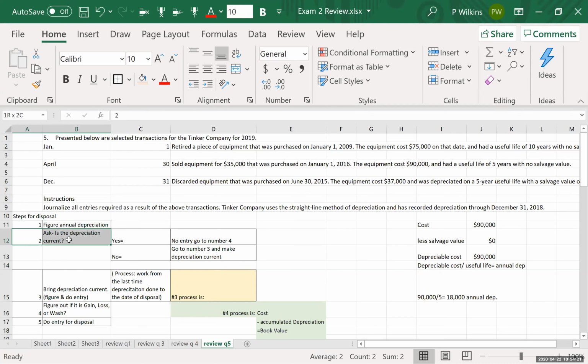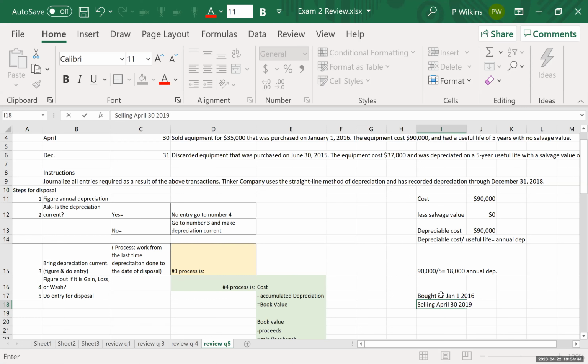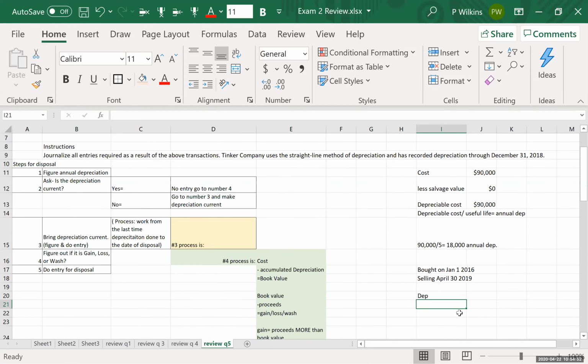Now we're going to go to step 2. We're going to ask if the depreciation is current. So we have to go through that process, right? We bought the equipment on January 1, 2016. We're selling the equipment on April 30th, 2019, right? So when has depreciation been done? If we bought it on January 1, 2016, and we know that they do it at the end of the year, and the last time it was done was December 31, 2018.